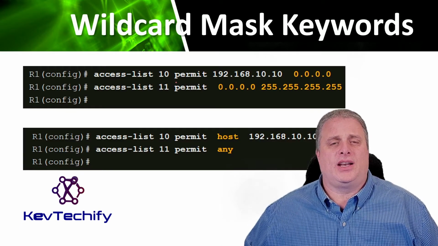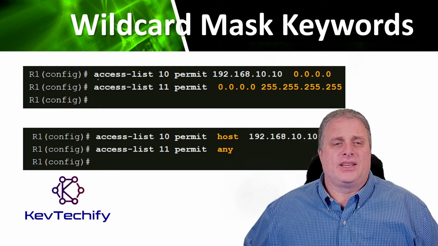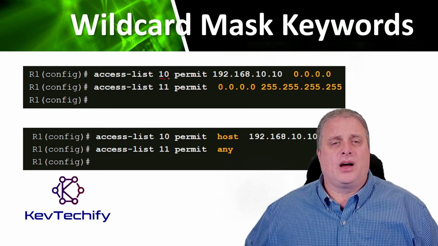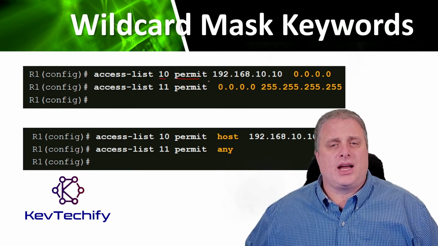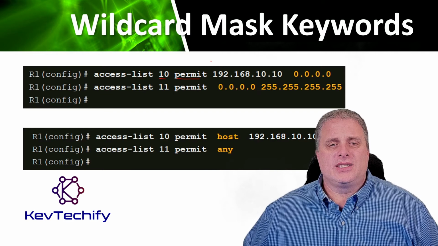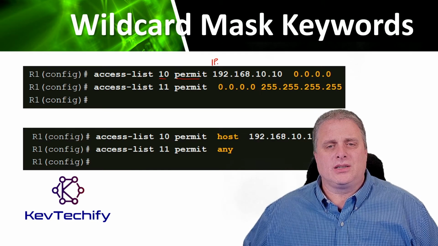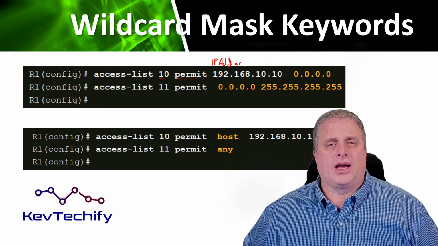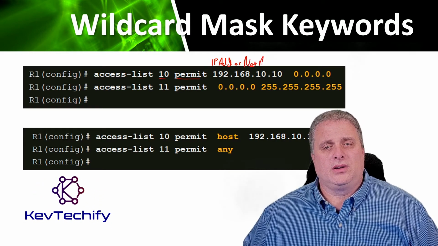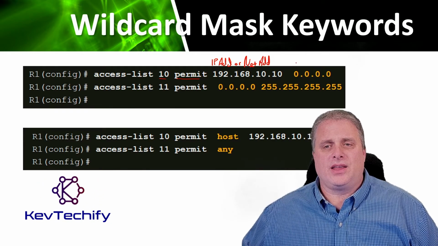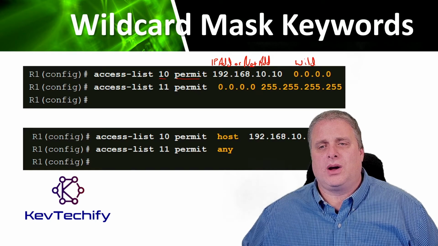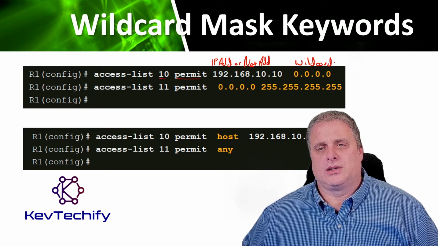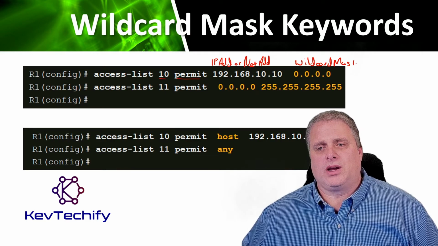As we look at it here, we can see that it's the access list, then we give the number of it, and then it's either permit or deny. And then here, this is either the IP address or network address. So it's one or the other. Go ahead and specify that, and then this is followed by the wildcard mask.